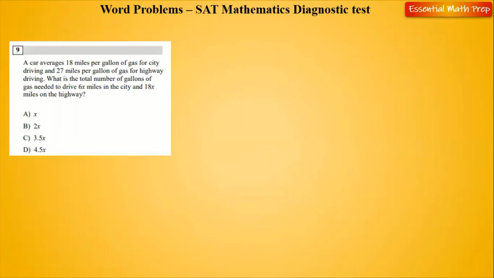A car averaged 18 miles per gallon for city driving and 27 miles per gallon for highway driving. What's the total number of gallons of gas needed to drive 6x miles in the city and 18x miles on the highway, right?